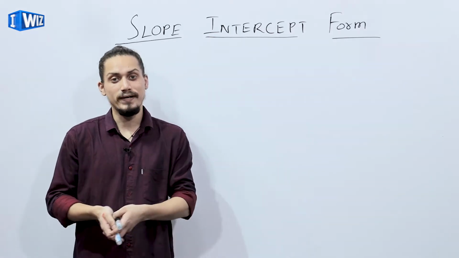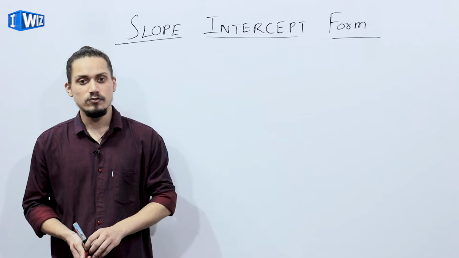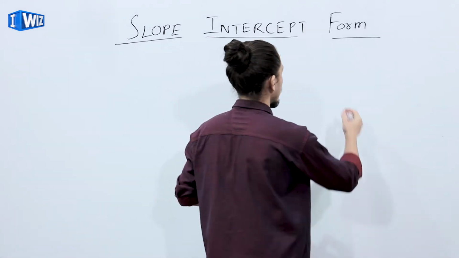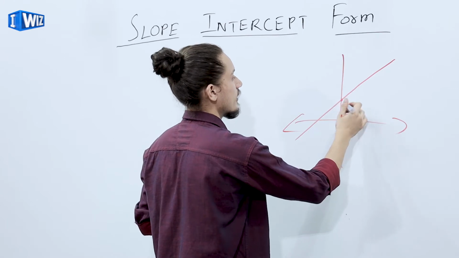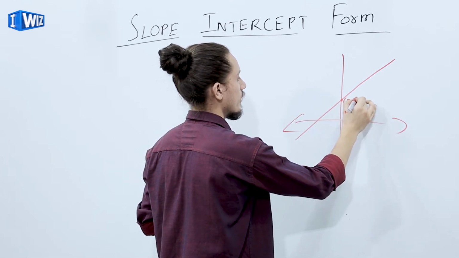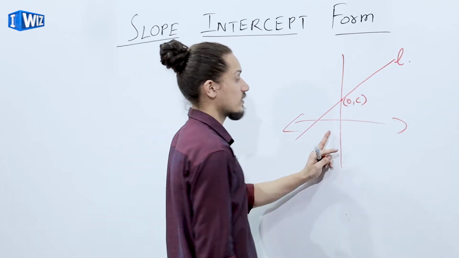Next form is slope-intercept form. Sometimes we see a line intercepting any axis. So suppose there is a line L which intercepts y-axis at point (0, c). तो इस line की intercept form कैसे मिलेंगे?